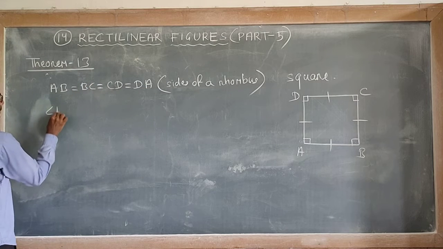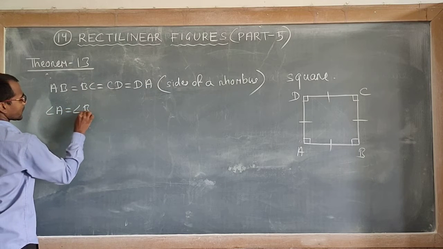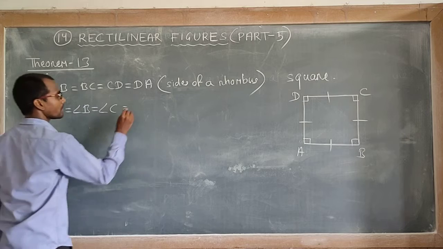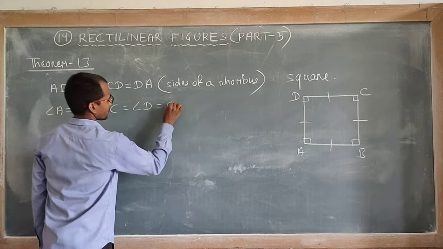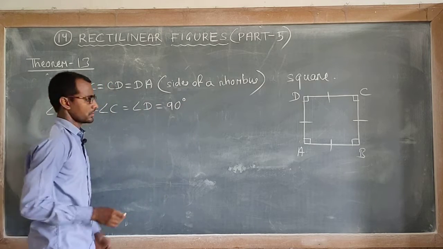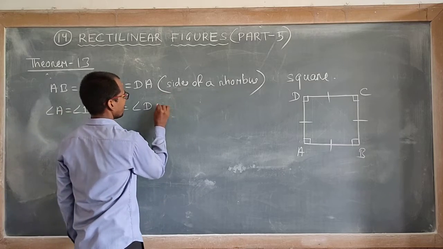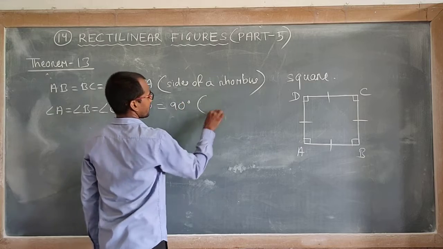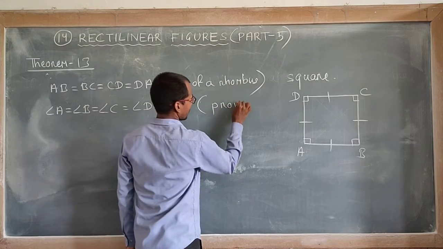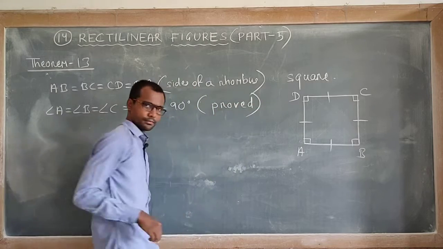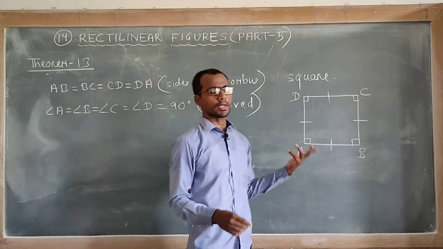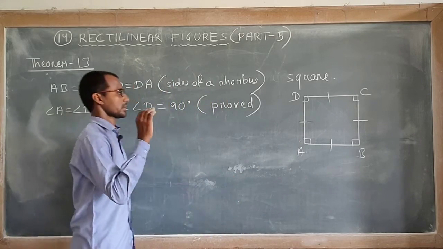Then angle A is equal to angle B is equal to angle C is equal to angle D is equal to 90 degree. This is already proved. So all the sides are equal, all the angles are equal, 90 degree. So it is a square.